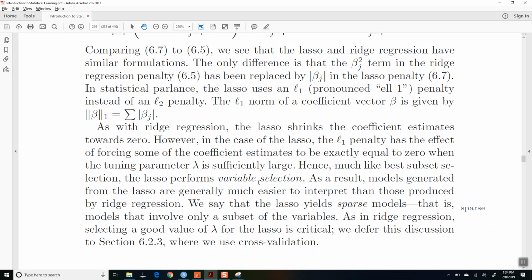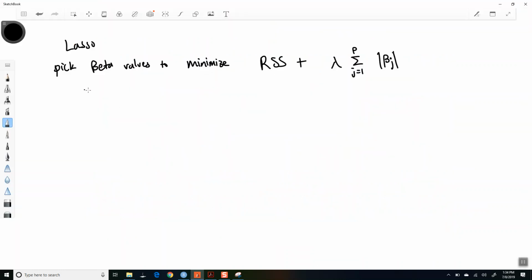So that's what we get, okay? So lasso likes when beta is 0. Anything that is not 0 gets a penalty.